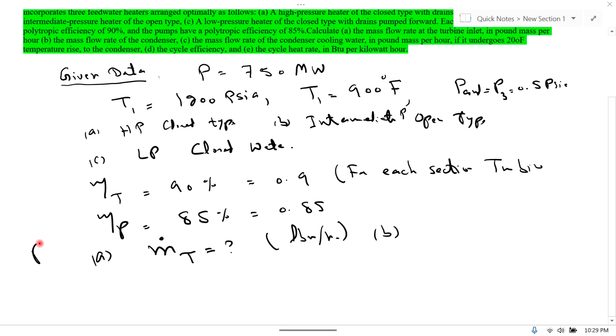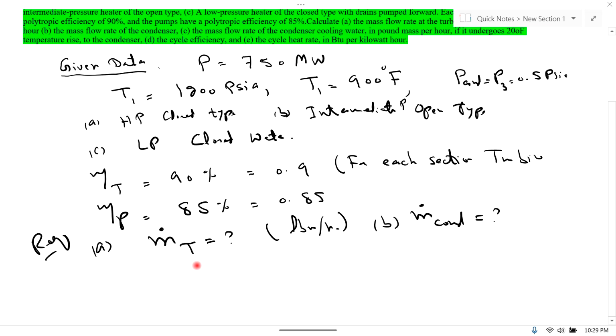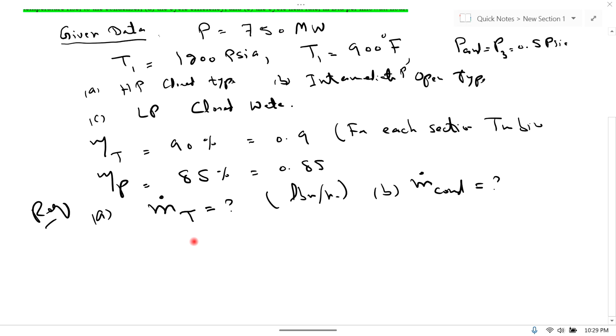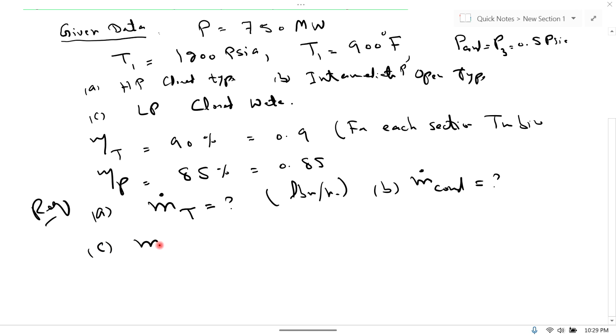Part B, these are required values: mass flow rate of the condenser. Part C, the mass flow rate of the condenser cooling water in pound per hour if it undergoes 20 degree Fahrenheit temperature rise in the condenser.